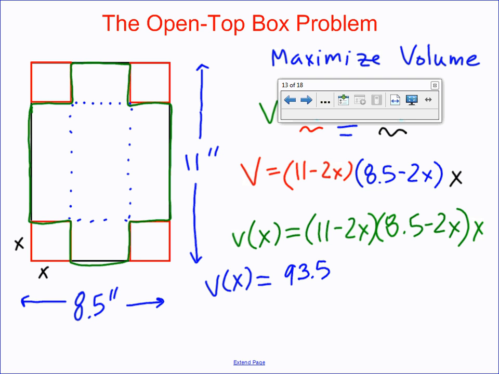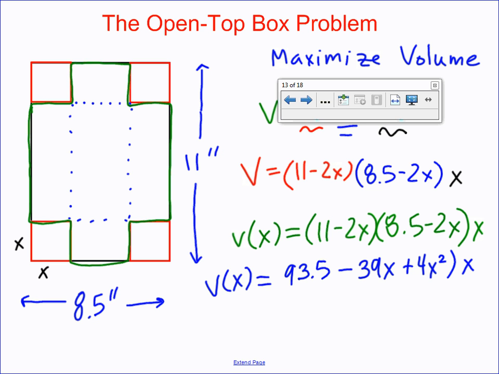Thanks. Minus 22x minus 17x, 17 and 22, 39x. Is that right? Is making this prettier? Plus 4x squared.